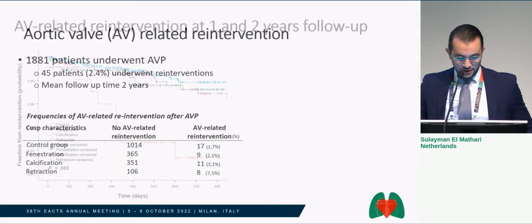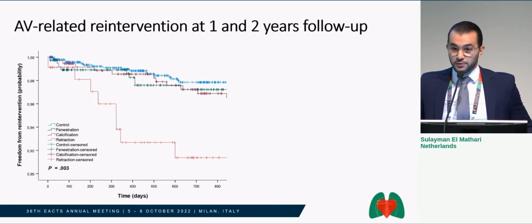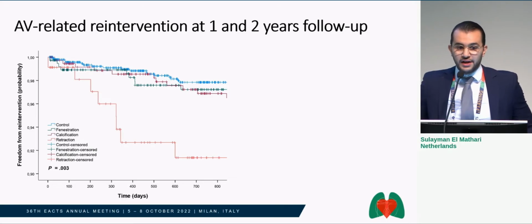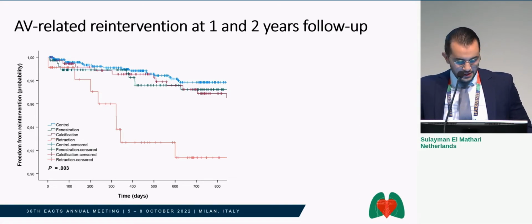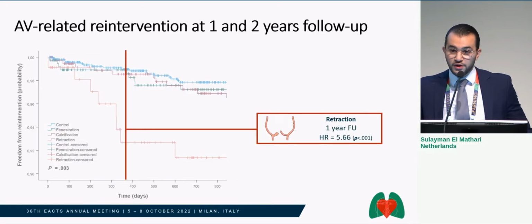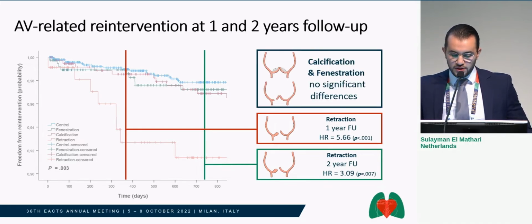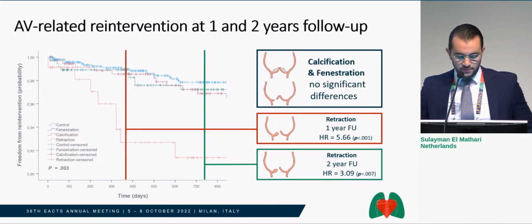For statistical analysis, we performed a Cox regression analysis, which you see here. And there is immediately one outlier noticeable, which is the red line, representing patients with cusp retraction, showing an increased risk for reintervention after 1 year as well as after 2 years. In patients with cusp calcification and fenestration, there was no difference in re-intervention compared to the control group.